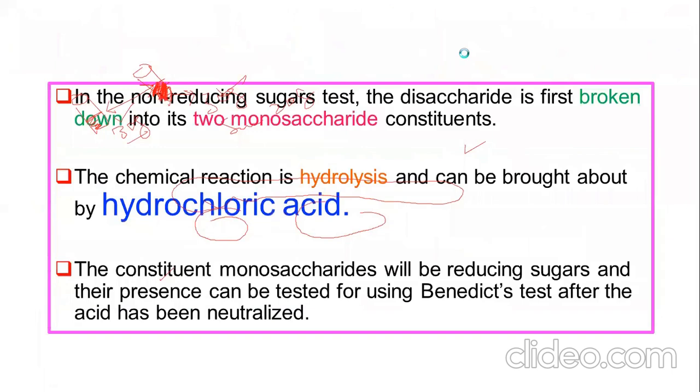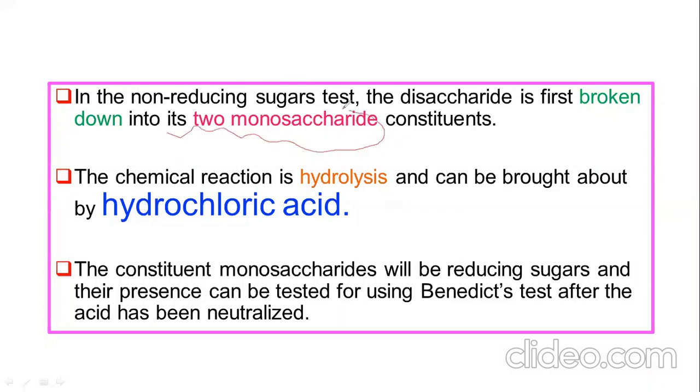Now, let's suppose I'm going to do the test for non-reducing sugar. It will give me a negative result with Benedict solution. But still I want to confirm whether it is exactly non-reducing or not. In the non-reducing sugar test, the disaccharide is broken into monosaccharides.